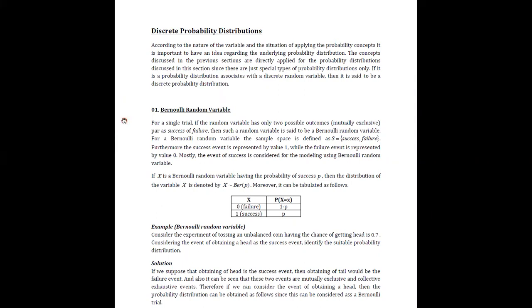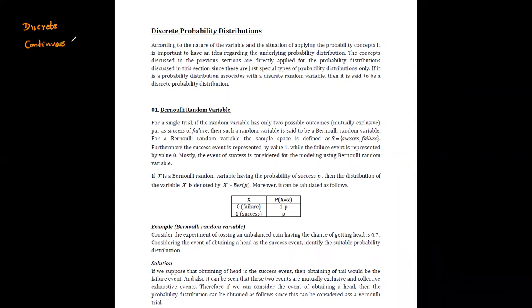When we were discussing these concepts in the early stages, we discussed the nature of the variables, because we know that we have discrete type variables and continuous type variables.